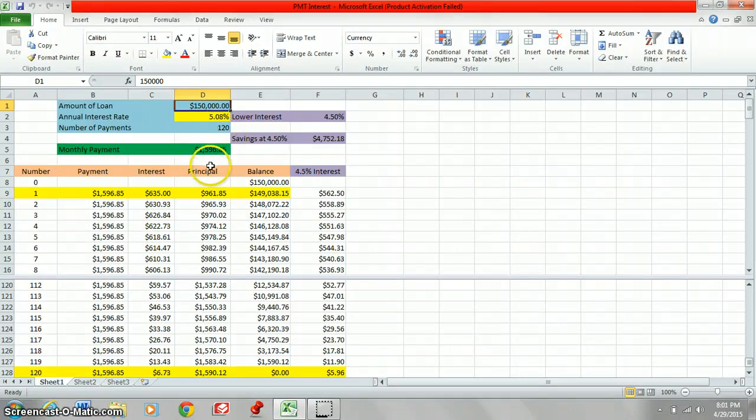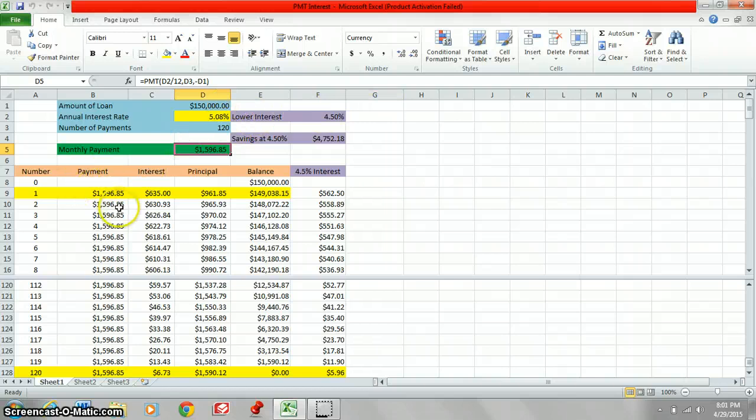So one of the first formulas we had to do was the monthly payment, and this was just found by doing equals PMT D2, which is your interest rate, divided by 12 because it's annually, so there's 12 months in the year. D3, which is 120 payments, and then minus D1, which would be your $150,000 for your loan.